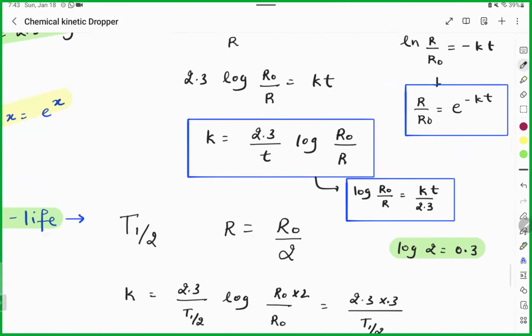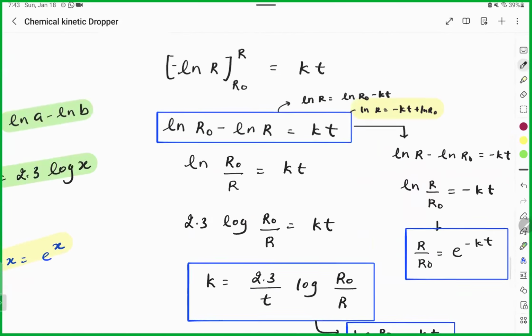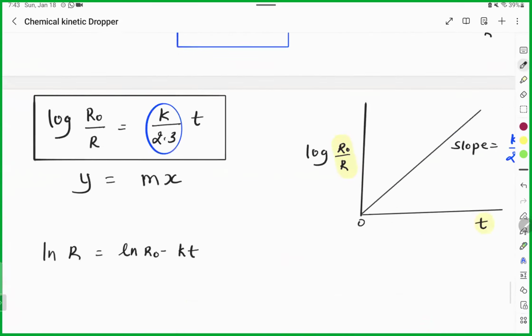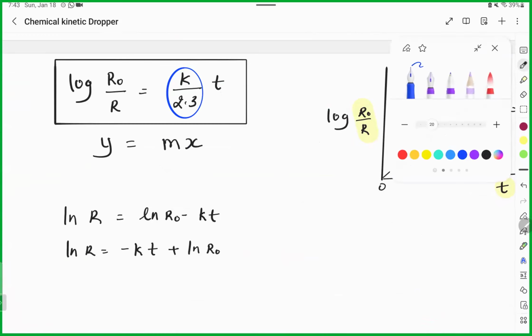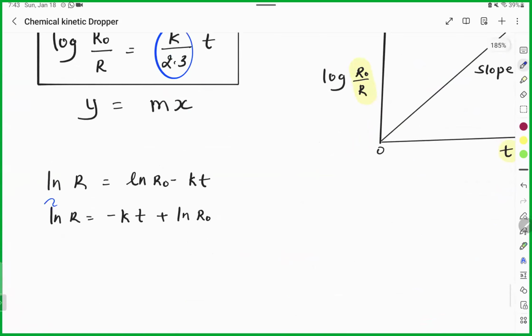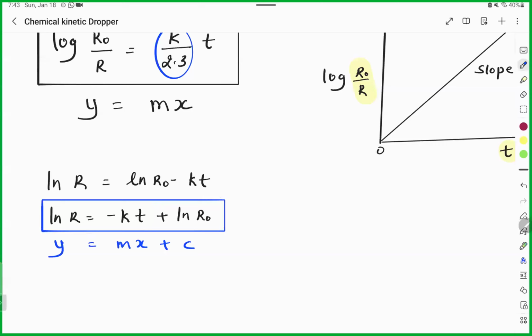So can you also say natural log R is equal to minus KT plus natural log R naught? If you take this equation and you draw a graph between natural log R and T, y is equal to mx plus c, how will the graph look like?